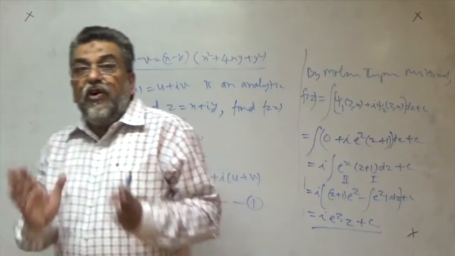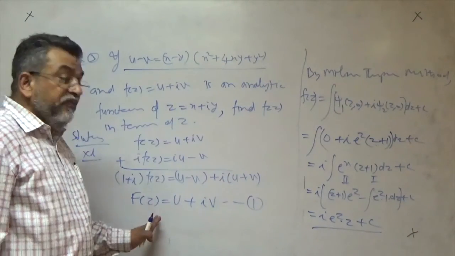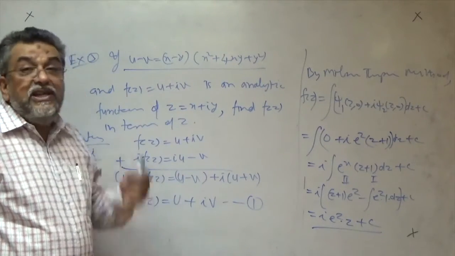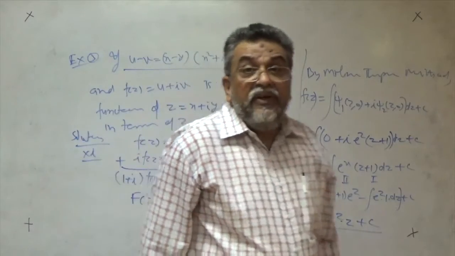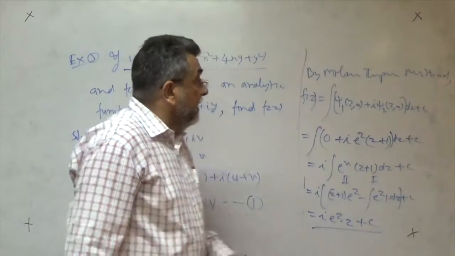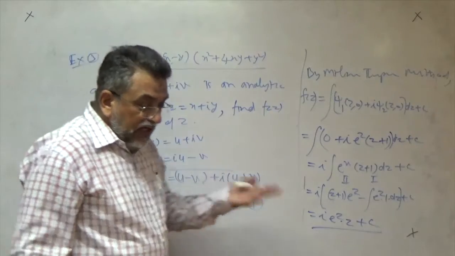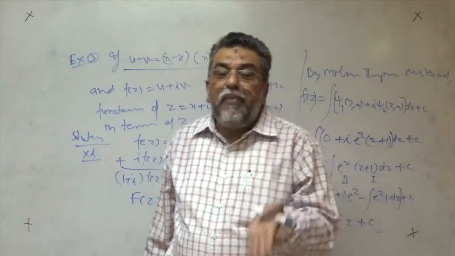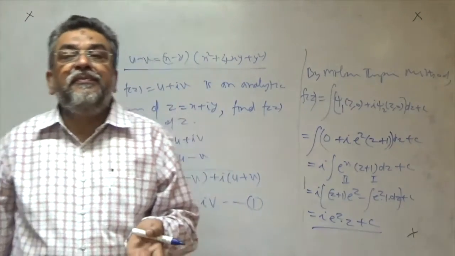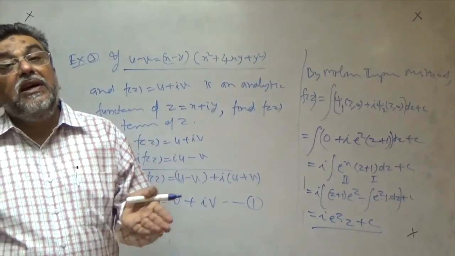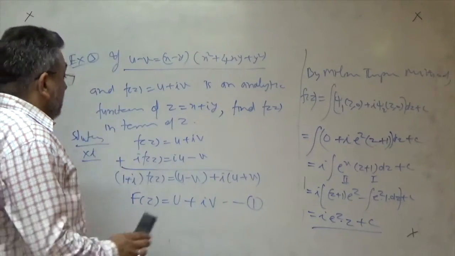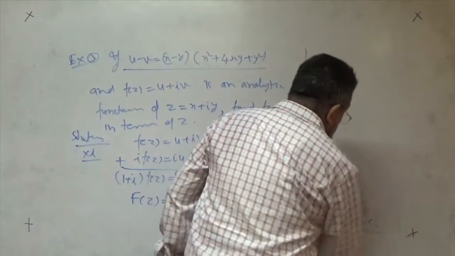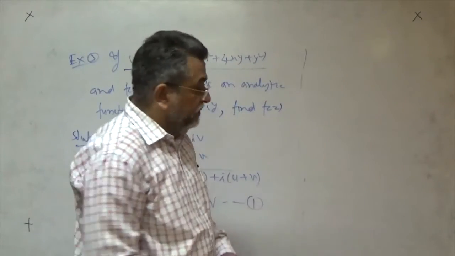Here our function is capital F(z), that is an analytic function, and capital U is the difference u minus v, which is given, and capital V is the sum u plus v, right? So now the question is slightly changed by this transformation. Now the real part of the analytic function is given and you have to find the analytic function. So this was the first case of the Milne-Thomson method, as I took in the first example.